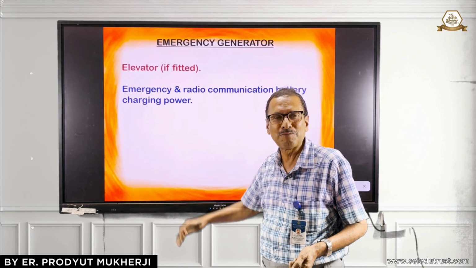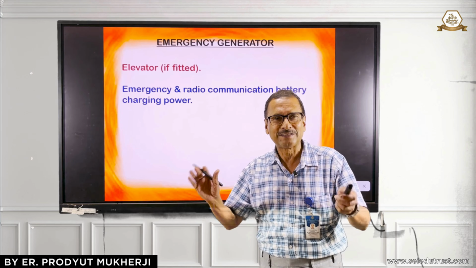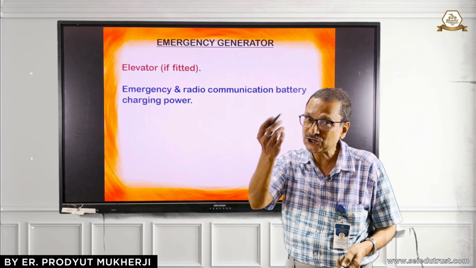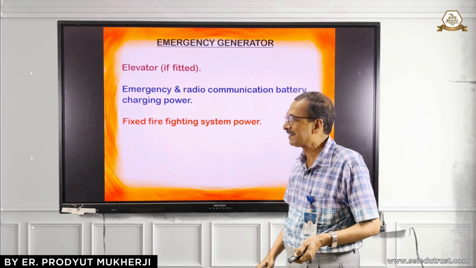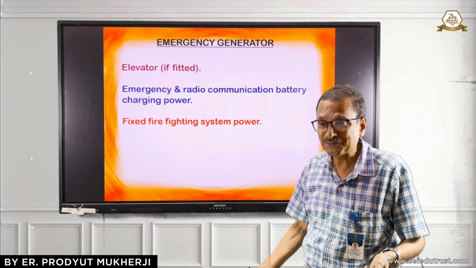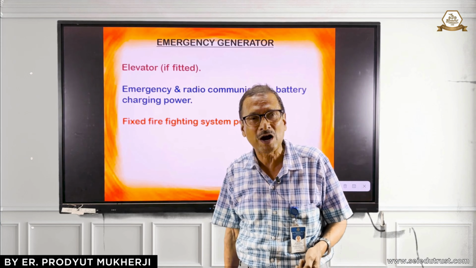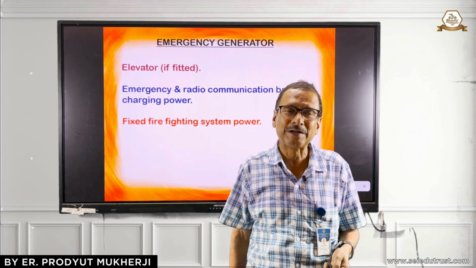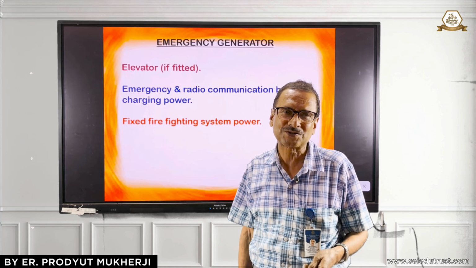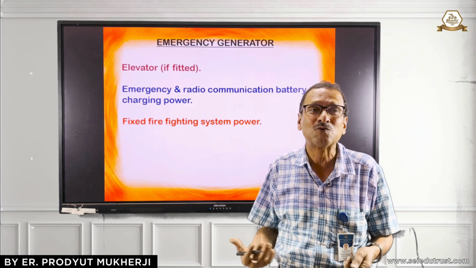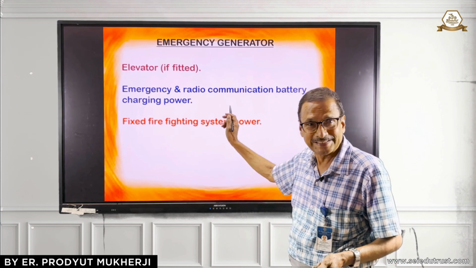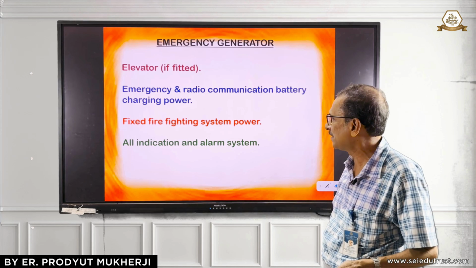Emergency and radio communication battery. I just showed in the power distribution system that there is an emergency battery. The charging of that will be from the emergency switchboard. Firefighting system, fixed firefighting system, if power is required. For example, your sprinkler system, hypermist system, foam system, all this fixed firefighting system, they would require electrical power that will be supplied from the emergency generator.